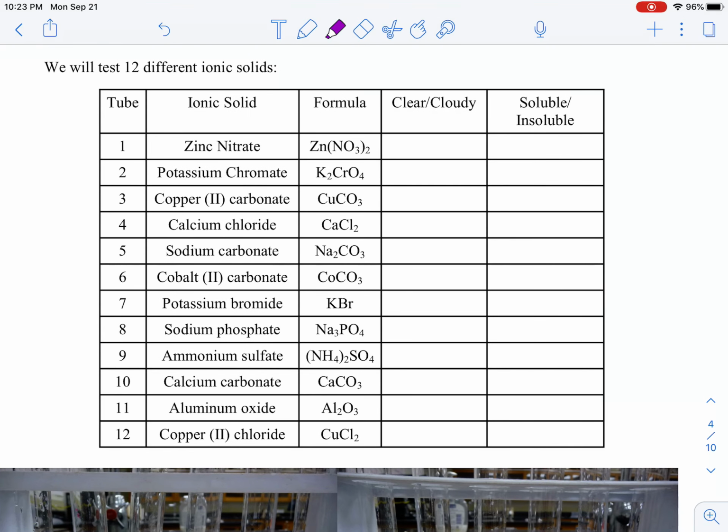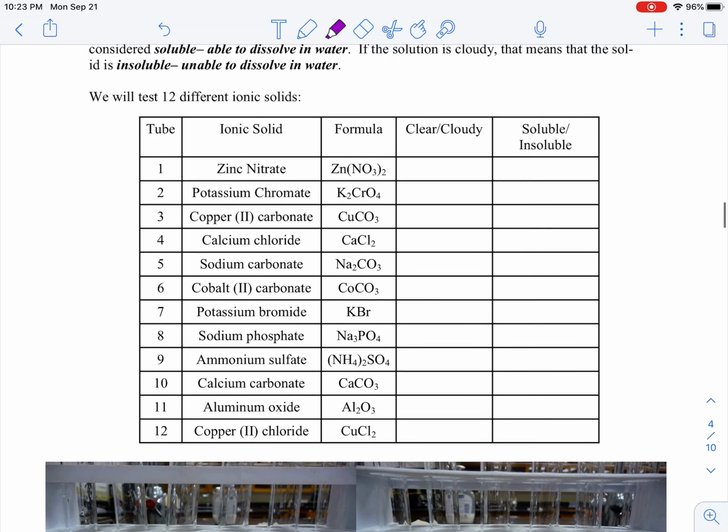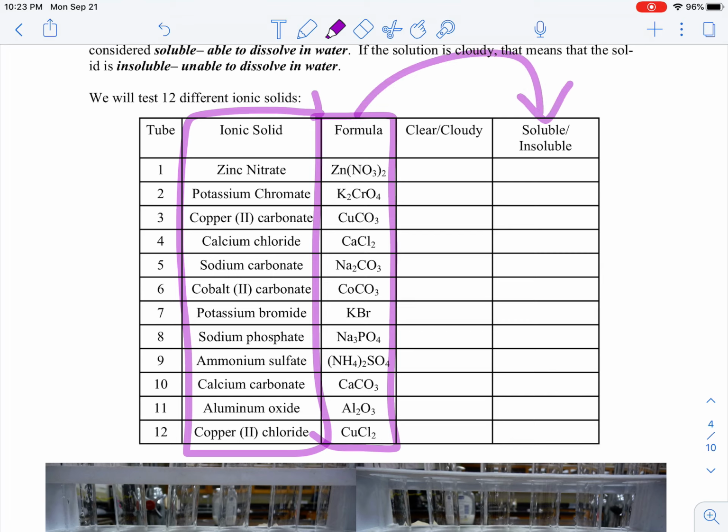All right, this is a lab that we're going to do, or you're going to look at, or you're going to see. And not to spoil it, but you don't have to do this lab at all. Put yourself into an assessment situation in which we're going to ask you this question. We're going to give you these solids or their formulas, and then we're simply going to ask you, will this be soluble in water?